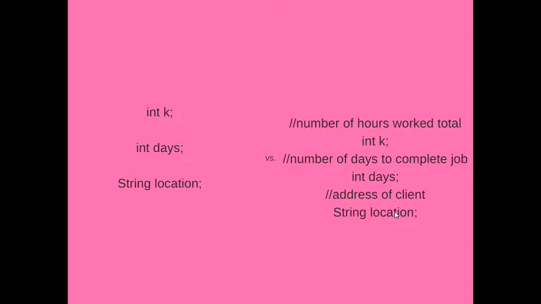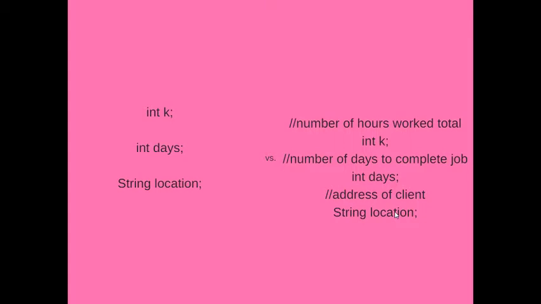And of course, you can look to the right now and see what it looks like if you were to add comments to it. This adds a whole new context to the code that makes it now easy to understand. You can see what it might be for. So you can see that the integer k represents the total number of hours worked. So this is probably some type of job program. And then the next line, integer days, it says that it's the number of days to complete the job.